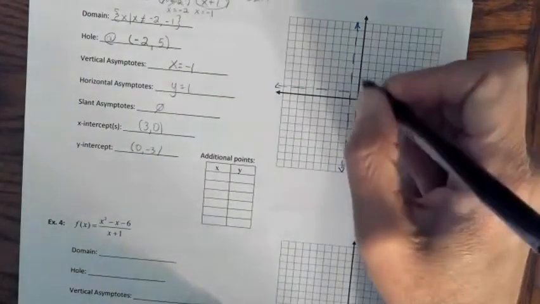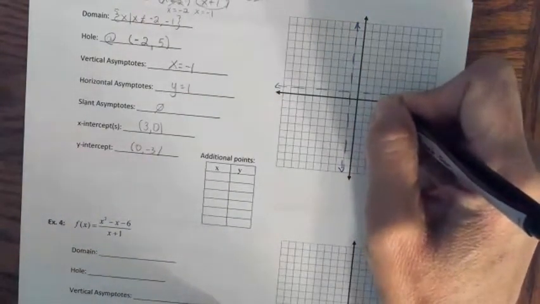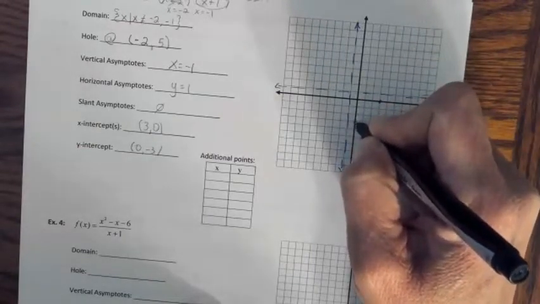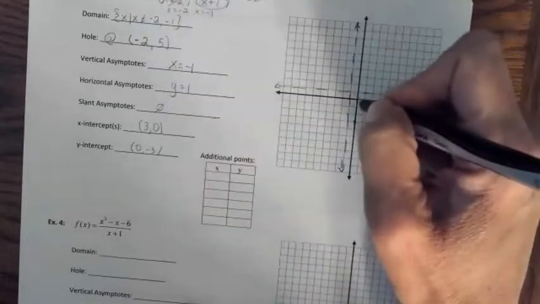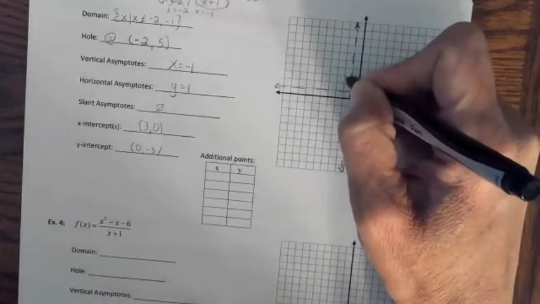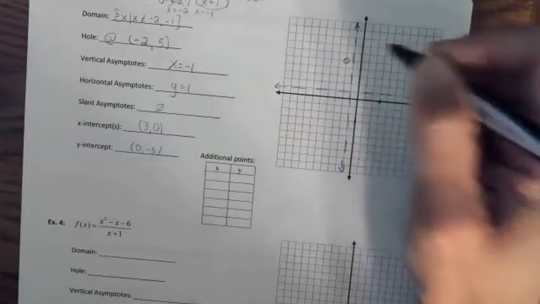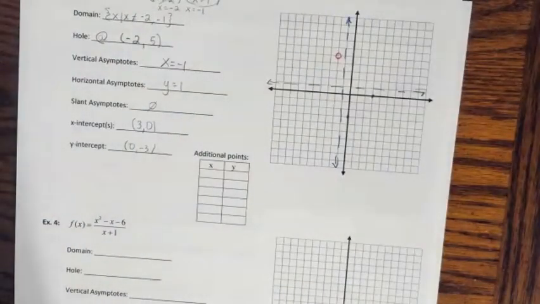Got the point (3, 0), and (0, -3). And remember, we have a hole at (-2, 5). So I'm going to make an exaggerated hole right there.